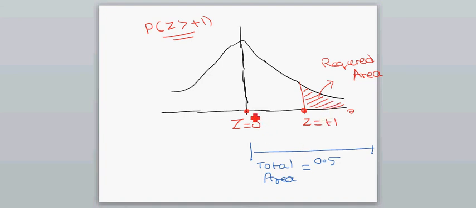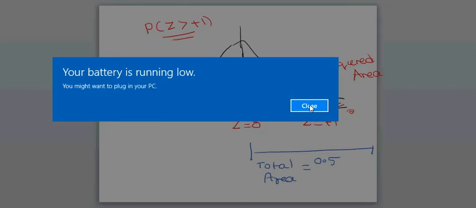Now I know the total area to the right of Z is equal to 0, up to plus infinity, is 50%, or 0.5, or 1 by 2. I want only the area from 1 to infinity.